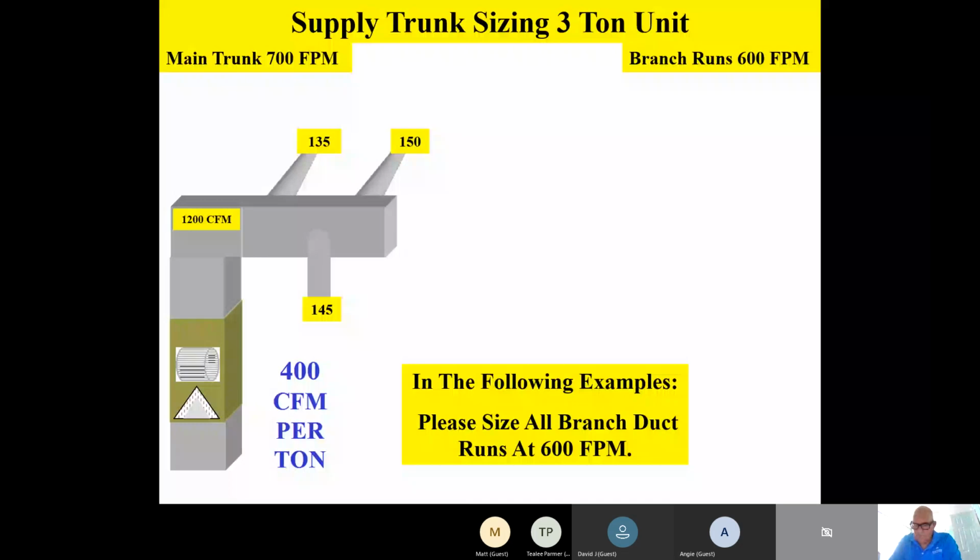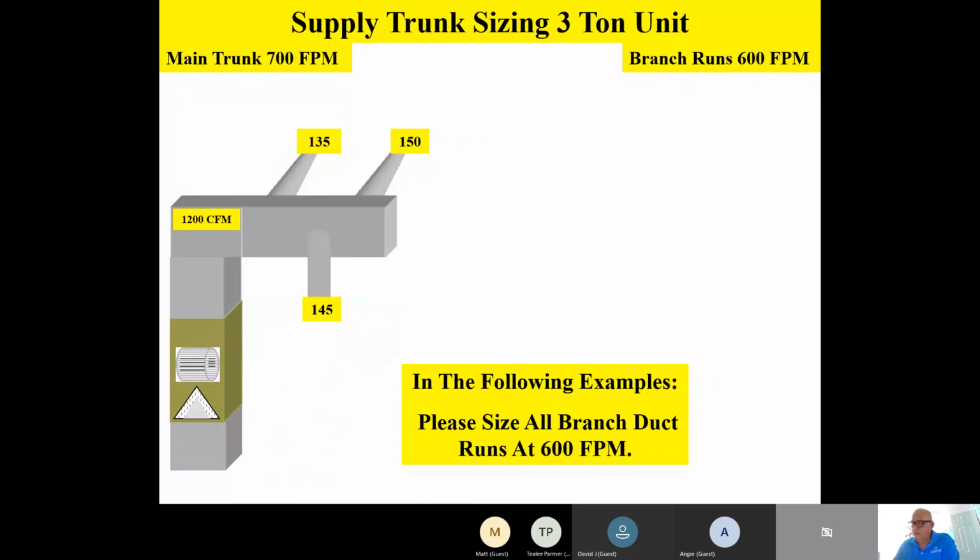Let's take 135 CFM in the first space, 150 CFM in the second space, and 145 CFM, and then add those up and subtract that amount of airflow from our original 1200 CFM that we started with, because now we're going to be transitioning down to another size ductwork to continue moving that air down the main trunk at 700 feet a minute velocity.